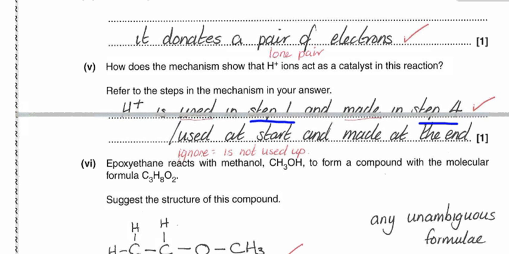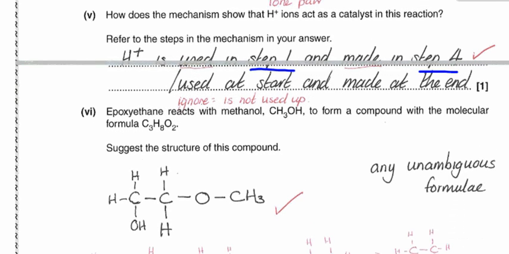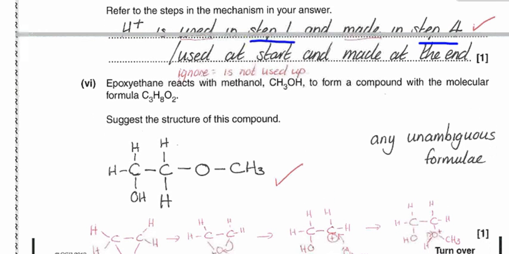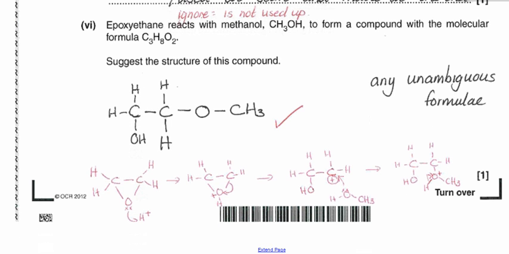Then in the final part of this question, well, it's not the final part, is it? But the final part of this section, at least I think, you've got epoxy ethane reacting with methanol, and you've got the idea here, and that's not particularly well drawn out. I preferred it over the page earlier on, but you've got your C with its OH on and your C with its O, CH3 rather than its OH.